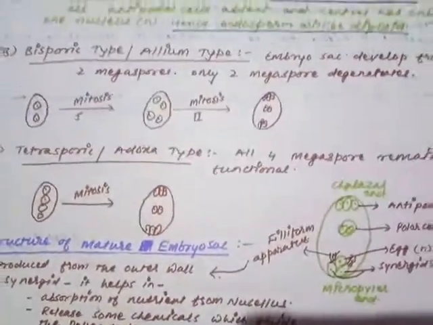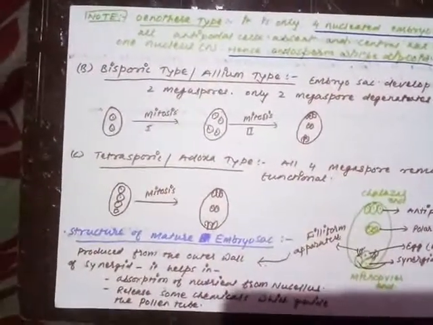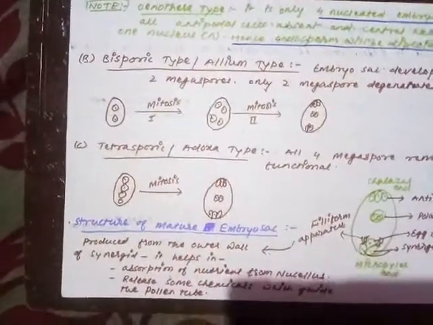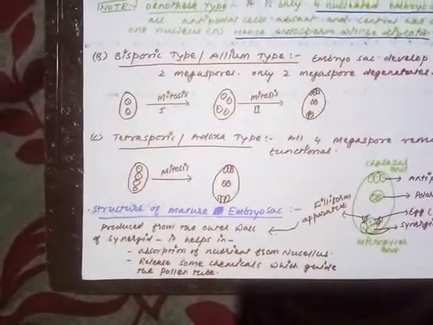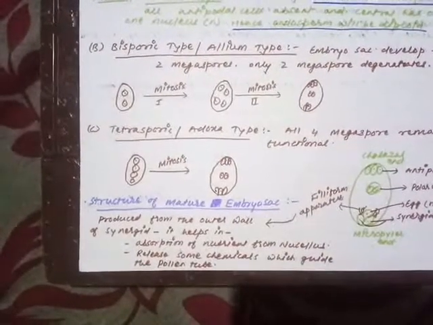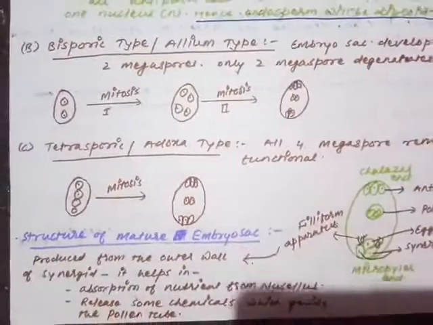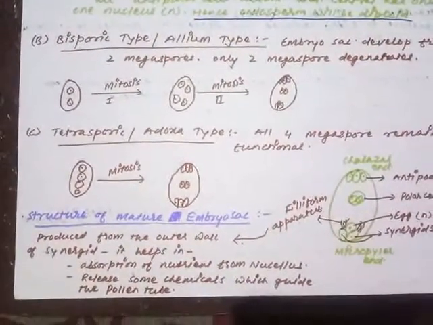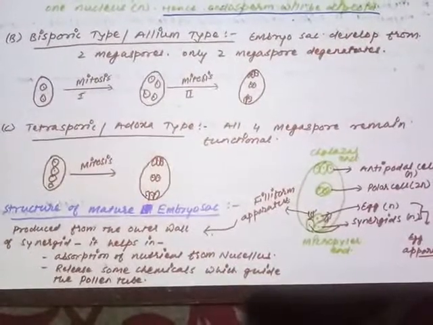And from the beginning, if I revise the entire topic, if you remember, we started with megasporogenesis, the formation of megaspores. This is similar to microsporogenesis. What we discussed today: any cell in the nucellus region lying in the hypodermal region will enlarge in size and start working as the archesporial cell, and undergo mitotic division.